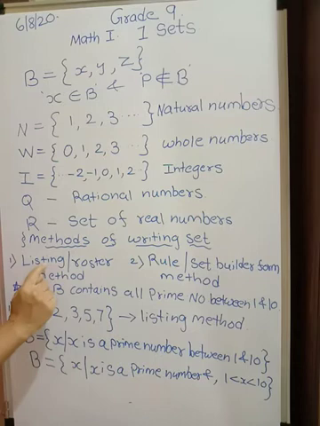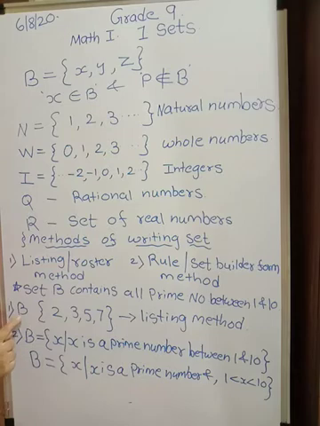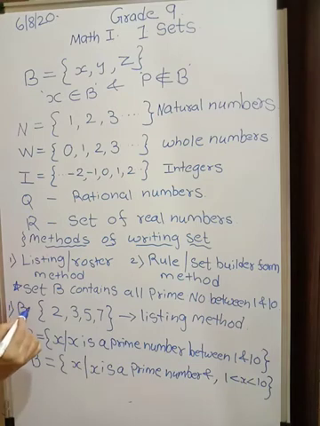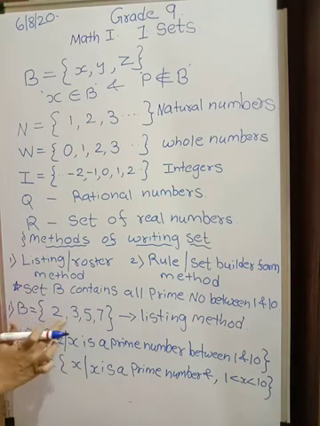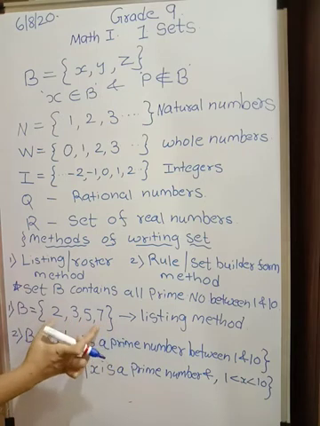So listing, name itself indicates you are going to directly list the numbers which are coming. So I am denoting the set by B, and then I am writing is equal to, I should put here equal to sign. Okay, B is equal to 2, 3, 5, 7. So we are listing the numbers.